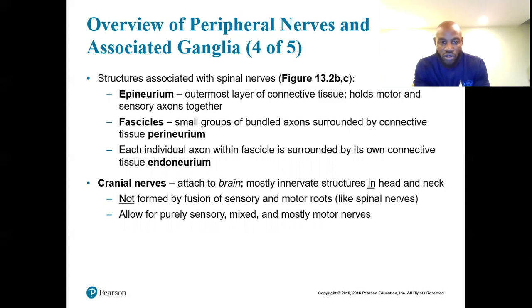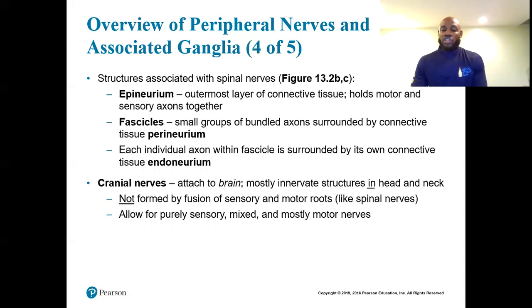The cranial nerves attach to the brain, and they innervate structures above the head, above the shoulders, basically. Cranial nerves are a little different from spinal nerves. They're not formed by fusion of sensory and motor roots like the spinal nerves are. Cranial nerves can be purely sensory, some are mixed, and some are mostly motor, okay?